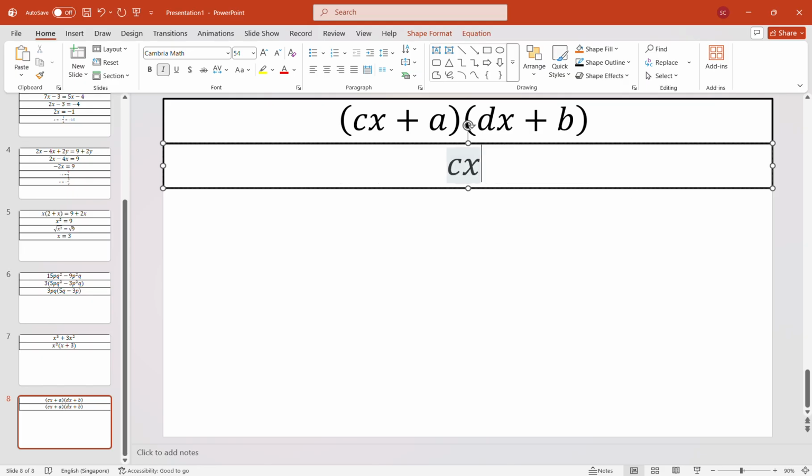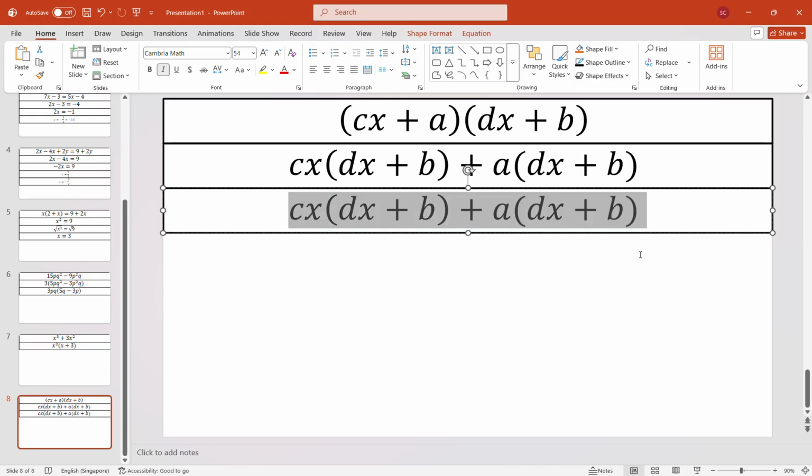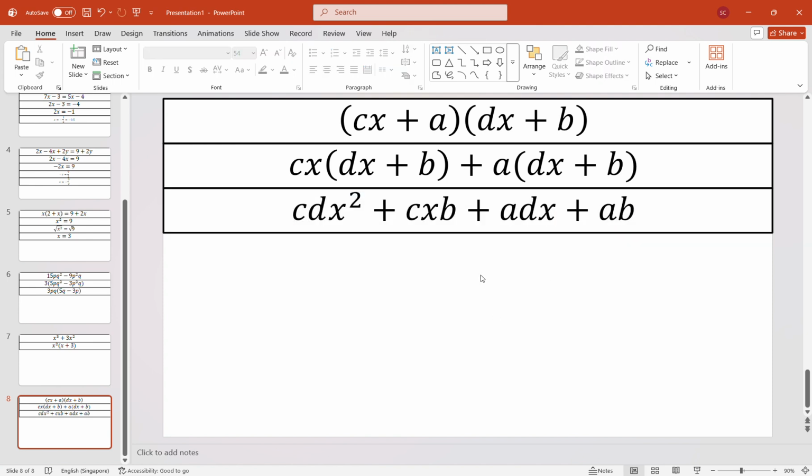So this becomes (cx plus b)(dx plus a), and then this gives us cdx squared plus cxb plus adx plus ab.